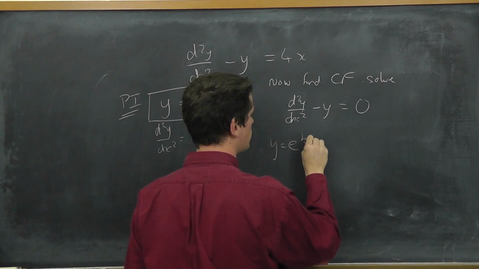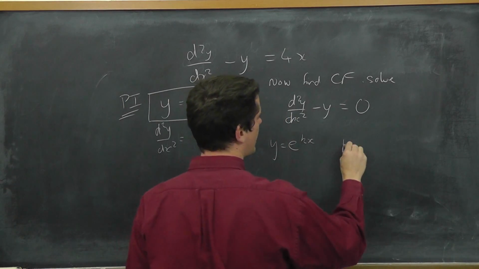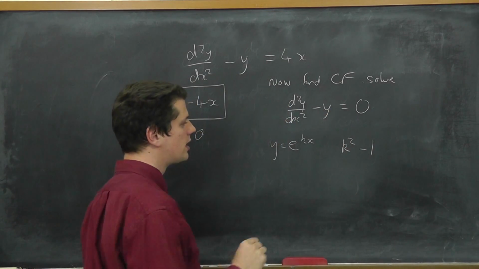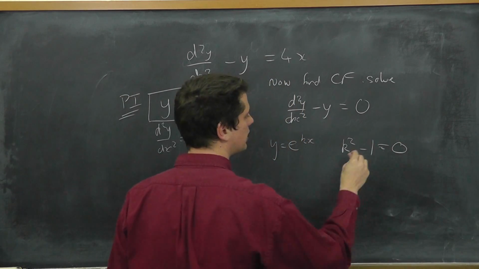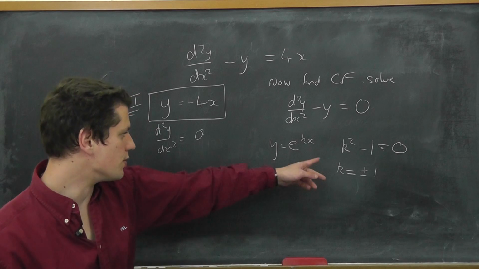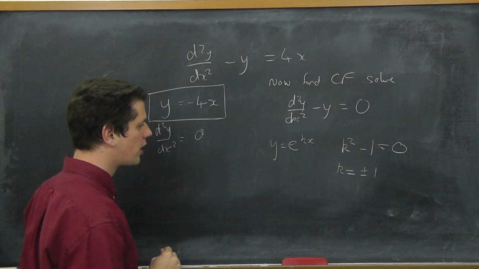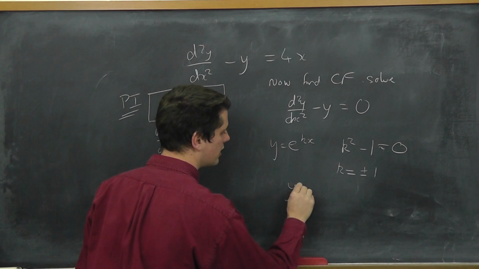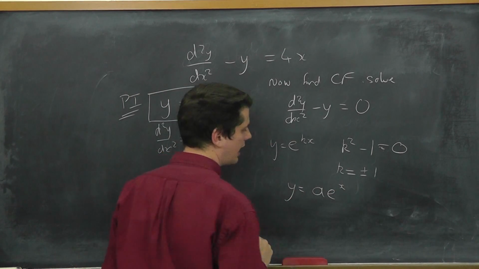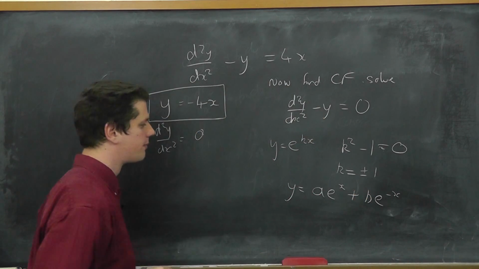So we guess an exponential. The corresponding quadratic equation is k squared, coming from this term, minus 1, coming from this term, equal to 0. So k is plus or minus 1. The roots of this quadratic equation are at plus 1 and minus 1. And therefore the complementary function is y equals a e to the x plus b e to the minus x.